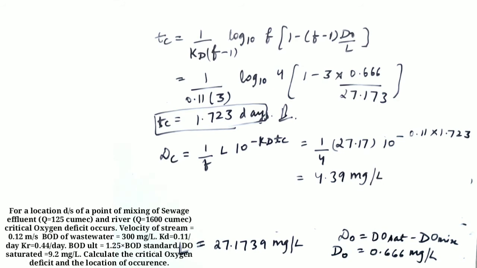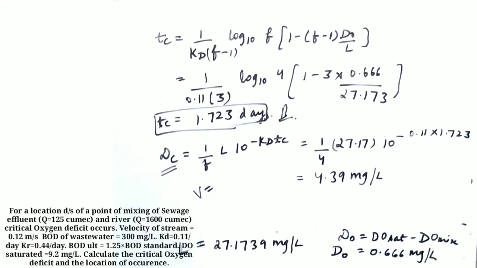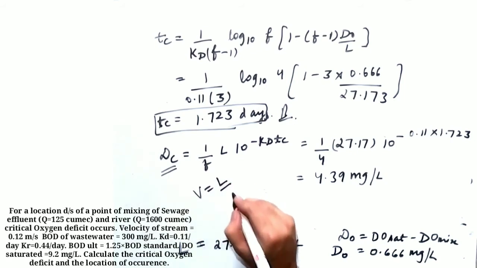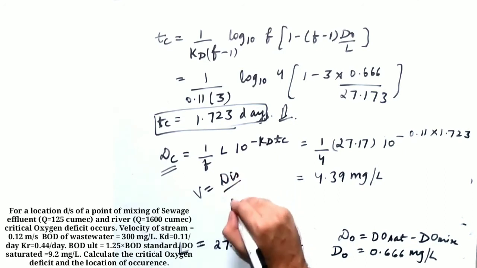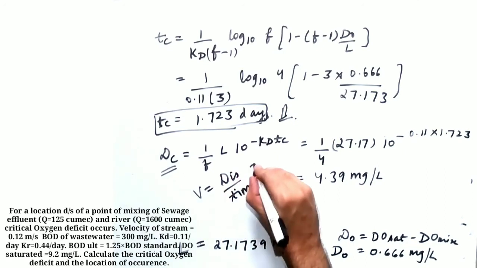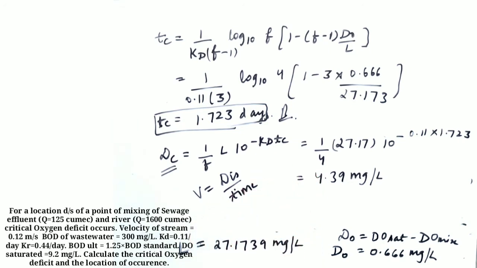Now you have to calculate the location of the occurrence of this DC. So location can be calculated by this TC. You know velocity is given in the question. Velocity equals distance upon time. So distance you have to calculate, velocity you know, time you know.